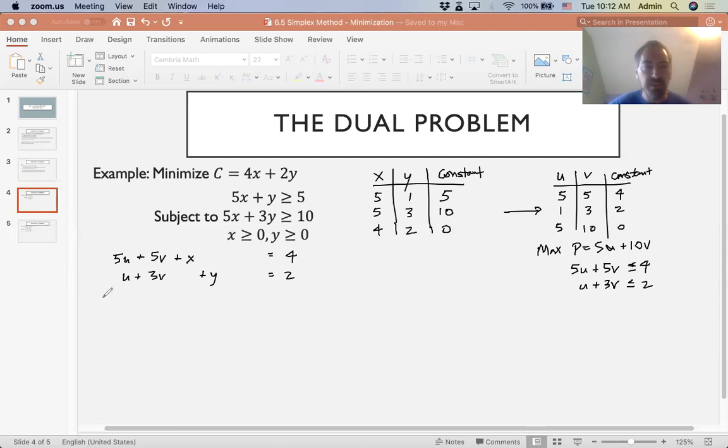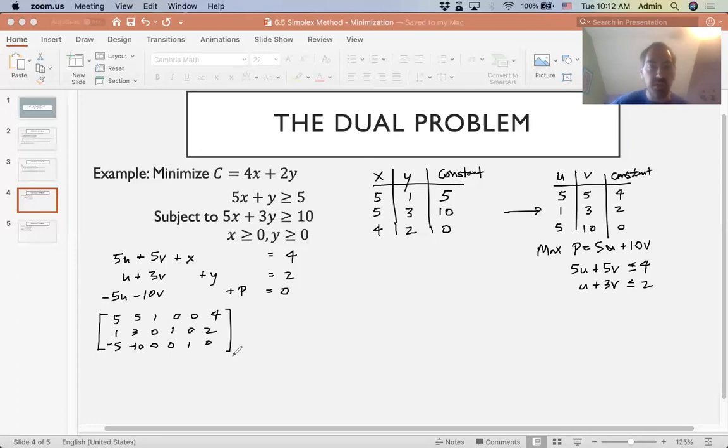That gives us negative 5u minus 10v plus p equals 0. And that becomes the matrix 5, 5, 1, 0, 0, 4; 1, 3, 0, 1, 0, 2; negative 5, negative 10, 0, 0, 1, 0.